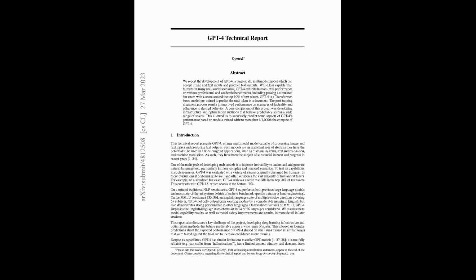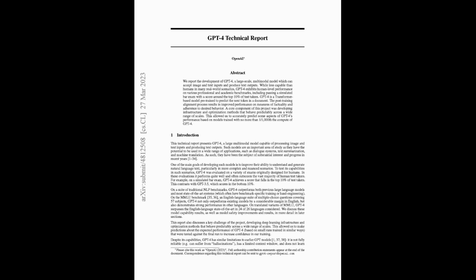Makes sense. The report also mentioned something about predictability, making the development process itself safer. Yeah, that was interesting. They're putting a lot of effort into building their AI development infrastructure, the tools, the methods, so that it behaves predictably as they scale up. Why is that important? Well, if you can accurately predict how much better a model will get when you make it, say, 10 times bigger based on smaller experiments, you can anticipate its capabilities, both good and bad.